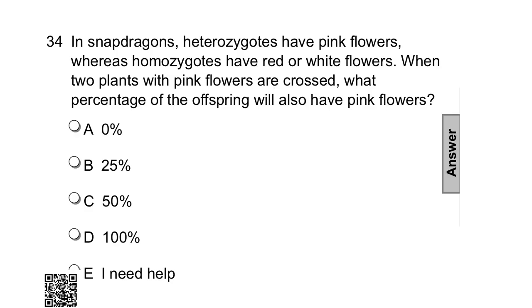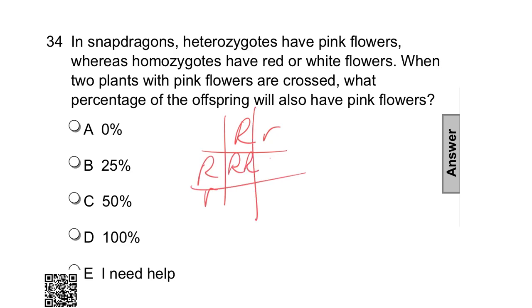Okay, same thing. When 2 plants with pink flowers are crossed, okay, so we're going to get 1 to 2 to 1 ratio. What percentage also have pink flowers? 50% pink.